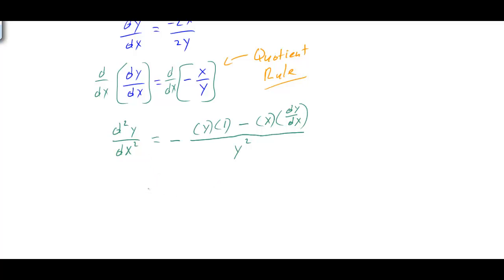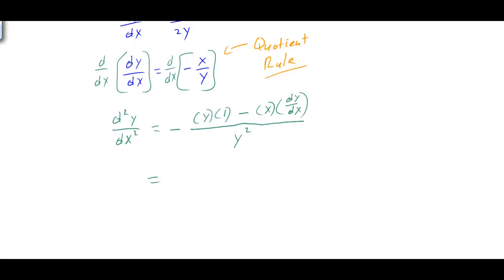Alright, so if we simplify this a little bit here, of course y times 1 is simply going to be y. And if you notice here on the top, we have y minus x, we have our x term, but then we have this dy dx. Well, this is the derivative of y with respect to x. What does dy dx equal?